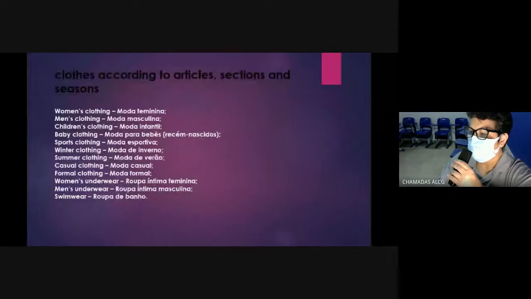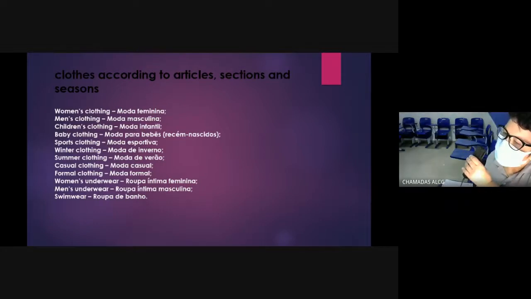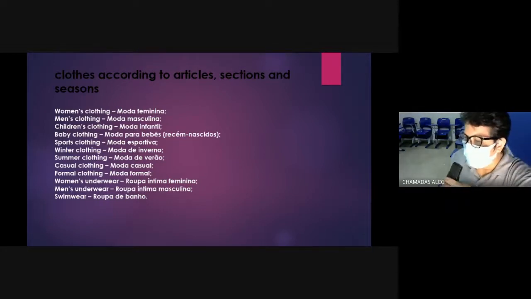Clothing according to articles, sections, and seasons. Women's clothing, men's clothing, children's clothing, baby clothing, sports clothing, winter clothing, summer clothing, casual clothing, formal clothing, women's underwear, men's underwear, swimming wear.